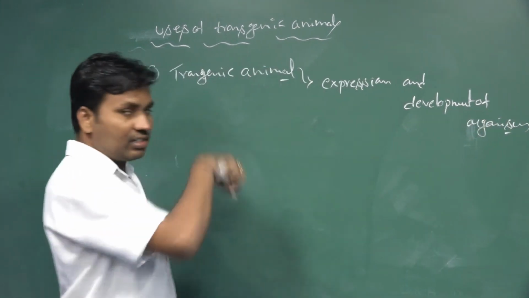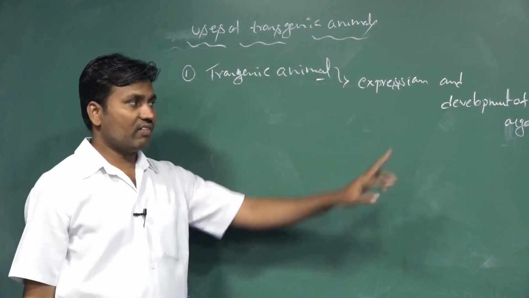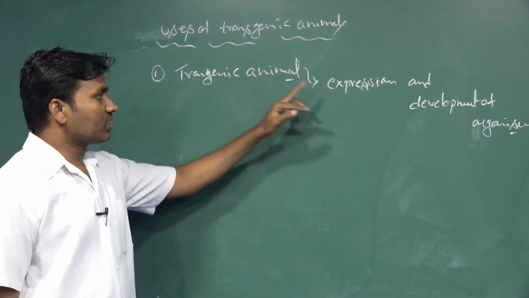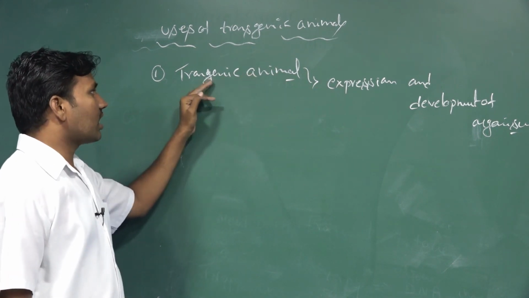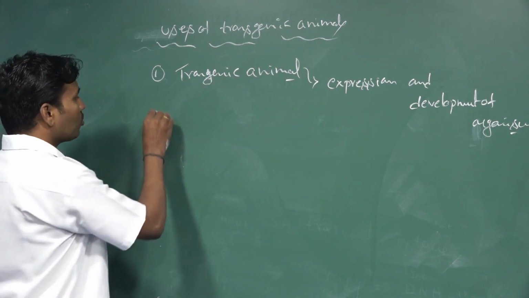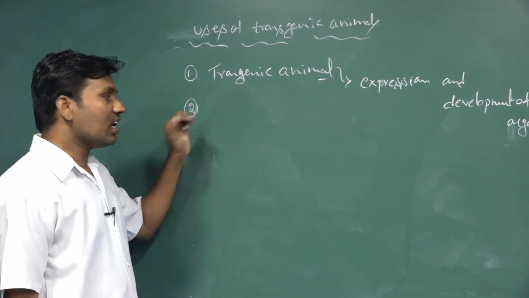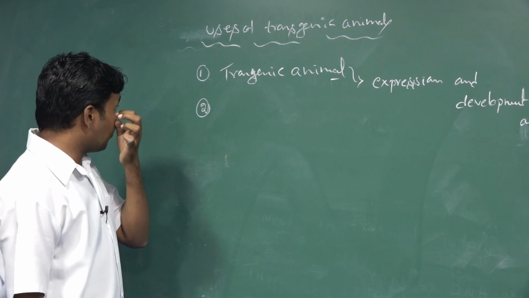One particular gene, its expression and the development of the organism, is very useful for studying these characters. The transgenic animals are very useful tools here. So this is the first advantage or use of transgenic animals here.